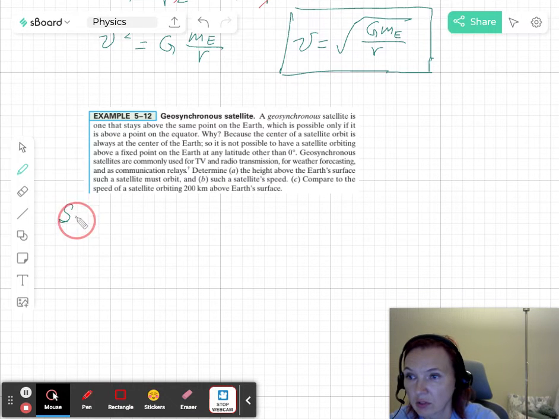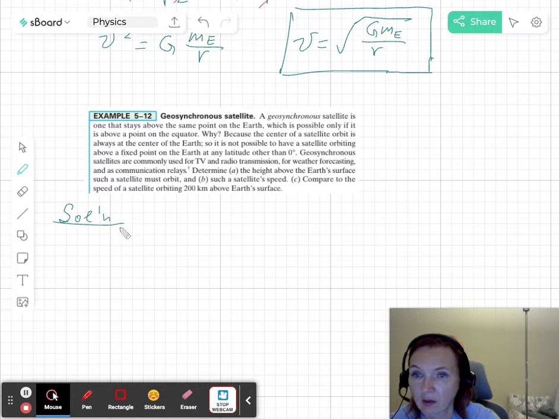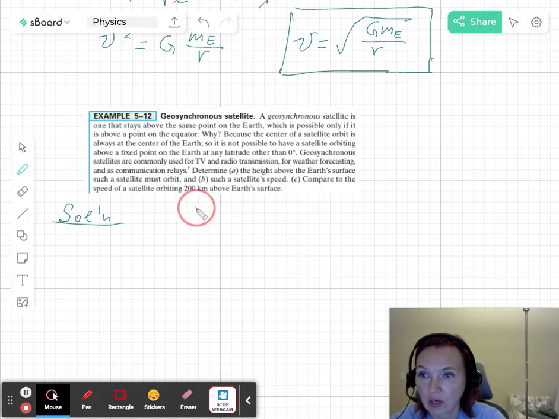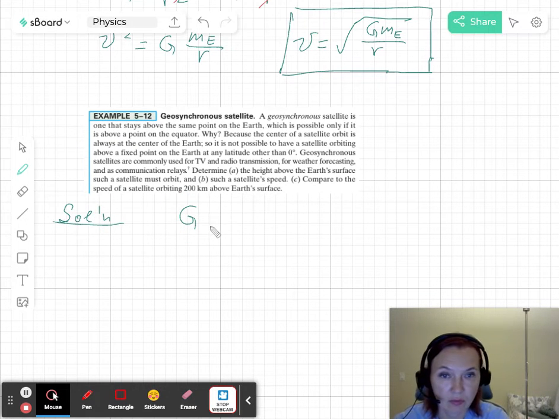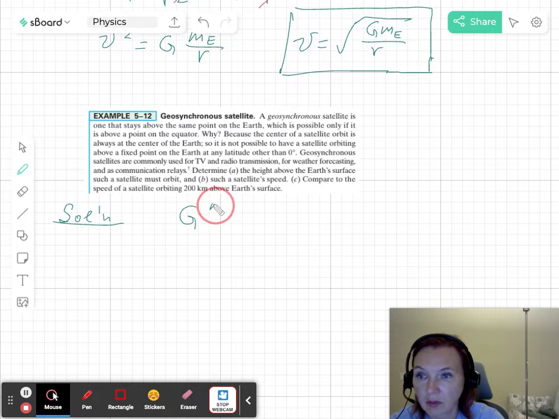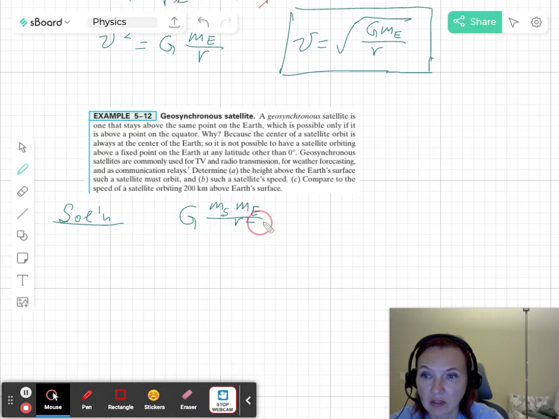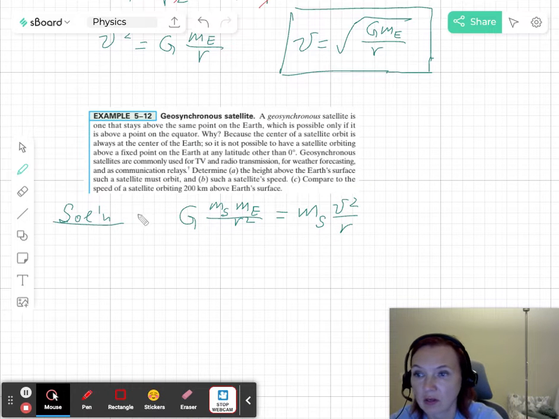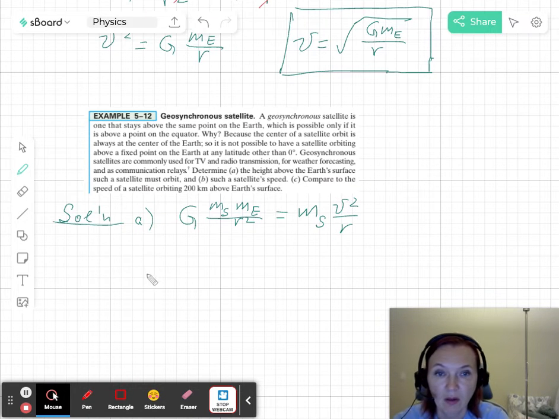So for our solution, we are going to use our formula again: m satellite times mass of the Earth over r squared has to be equal, like in our previous example, to mass of the satellite times v squared over r. So that is our part A.